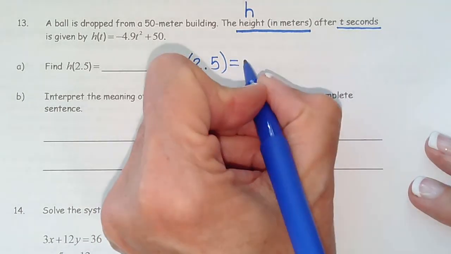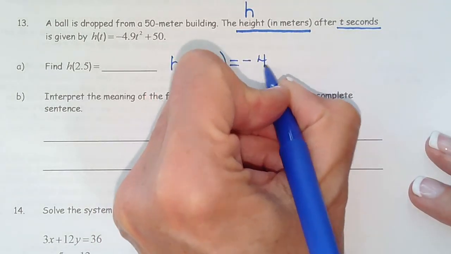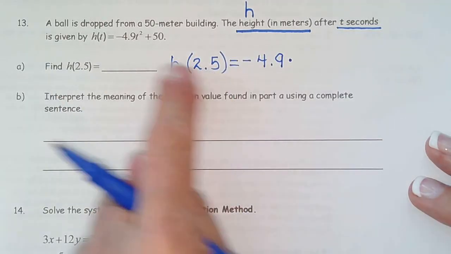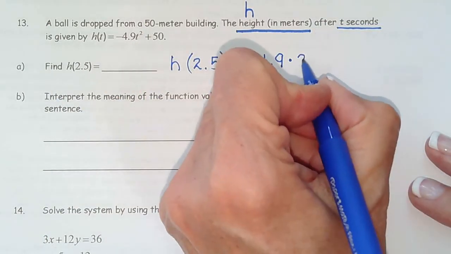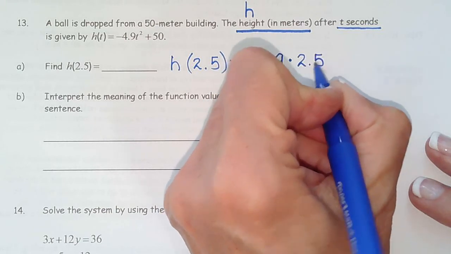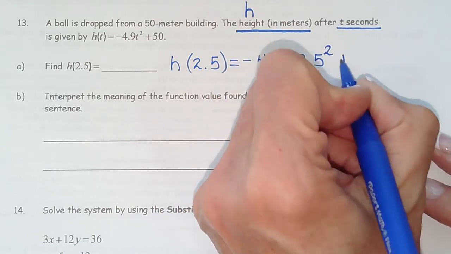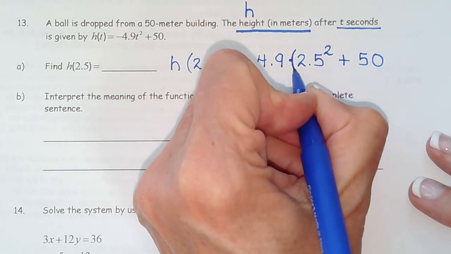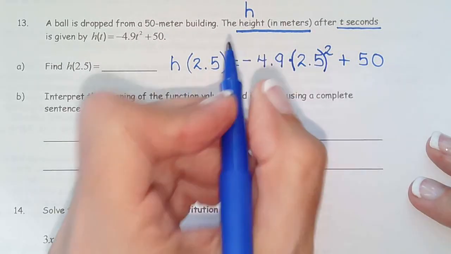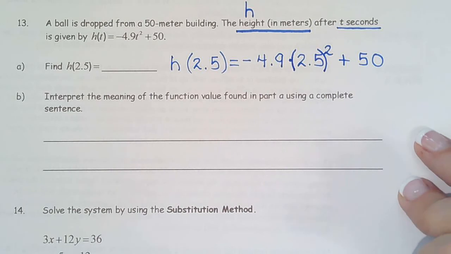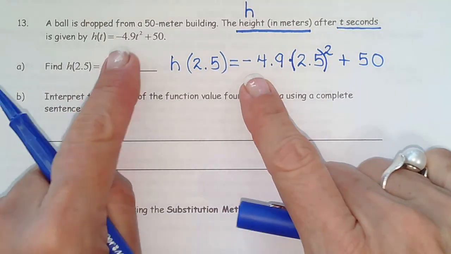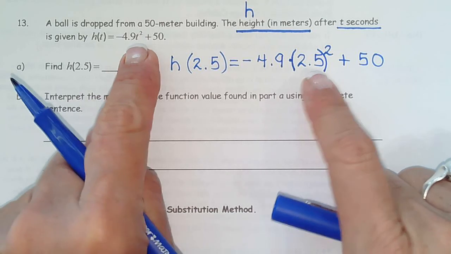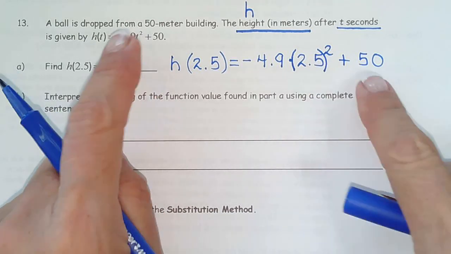So negative 4.9 times 2.5 squared plus 50. And even though that's not a negative, it might be a good idea to put it in parentheses because that's a little bit busy. So negative 4.9 times 2.5 squared plus 50.